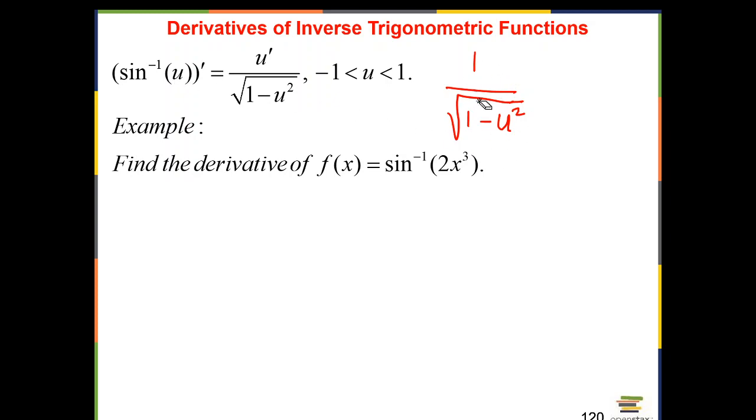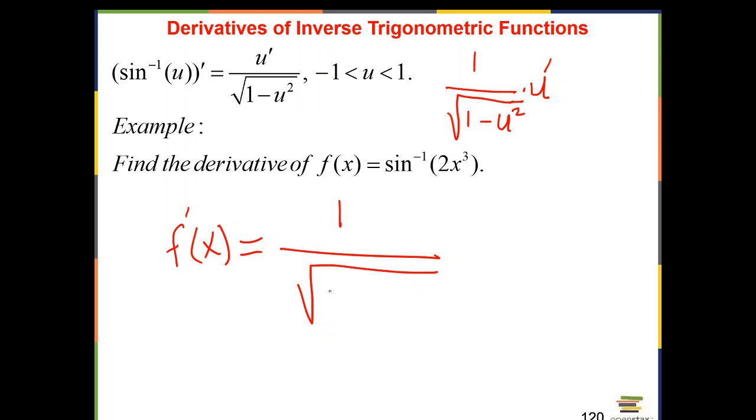So the derivative of sine inverse of something is 1 over the square root of 1 minus u squared, times the derivative of whatever that something is. So for example here, what's the derivative of this? Well, it is 1 over the square root of 1 minus something squared. What is that something? 2x to the third. And then multiplied by the derivative of that something, which is 6x squared, right?